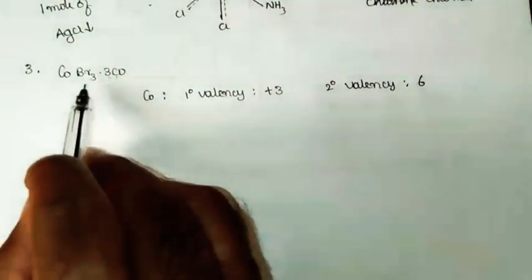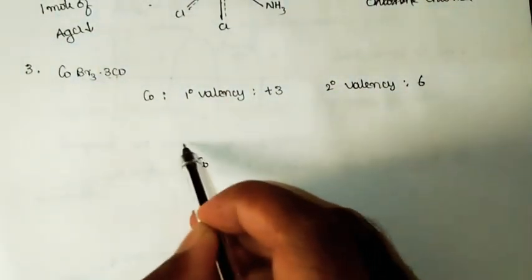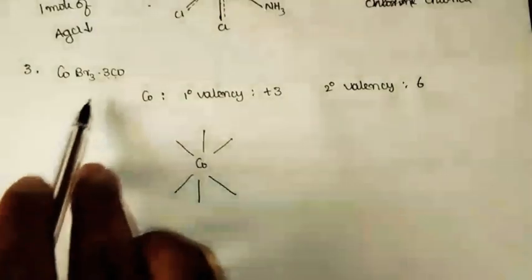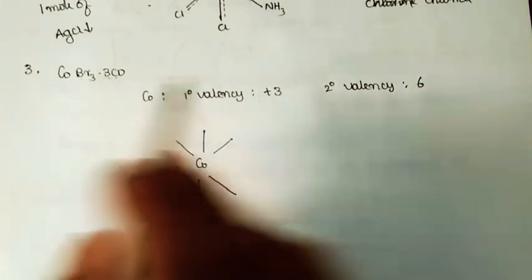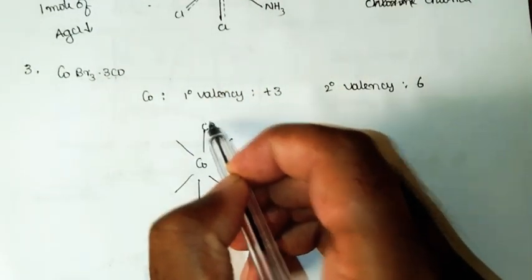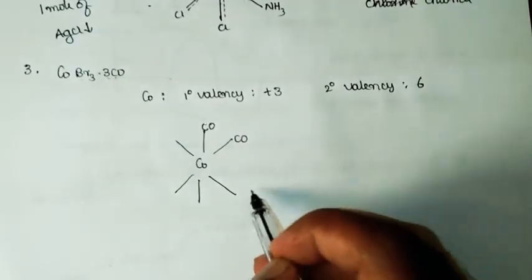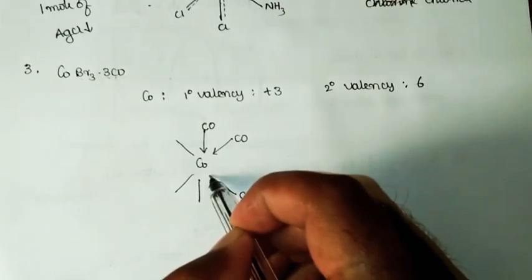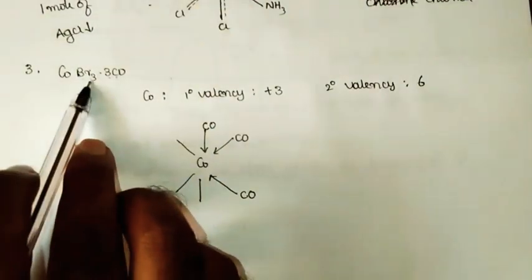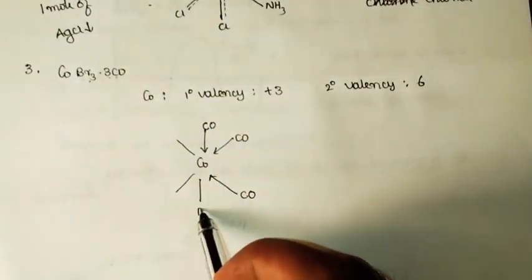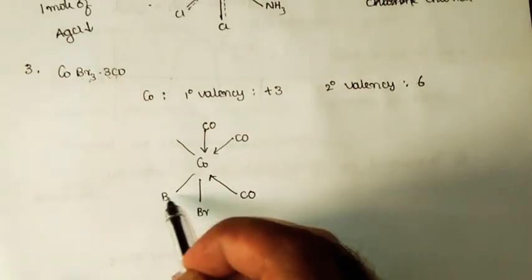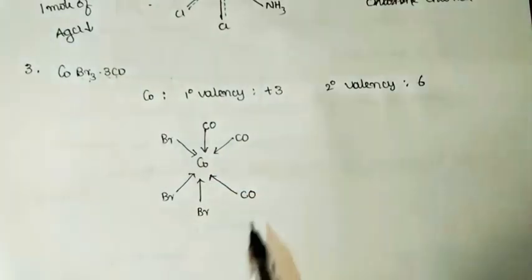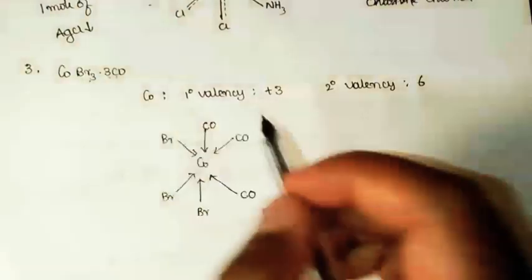Right. So now we shall go with the vertices of the octahedron. First we should go with the neutral molecules. So carbonyl ligands 1, 2, 3. So the 3 carbonyl groups are acting as ligands, and now we have 3 more bromines, 1, 2, 3. All these 3 are acting as ligands only.